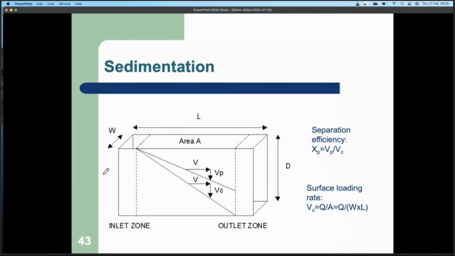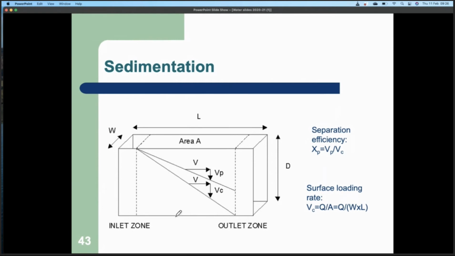It all comes down to this: the water travels through the sedimentation tank at a certain velocity, so it stays in the tank for, say, 2 hours, to give an example. Whilst the water is very slowly moving through the tank, the particles sink with their terminal velocity.